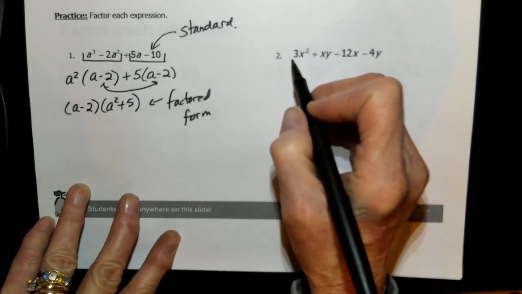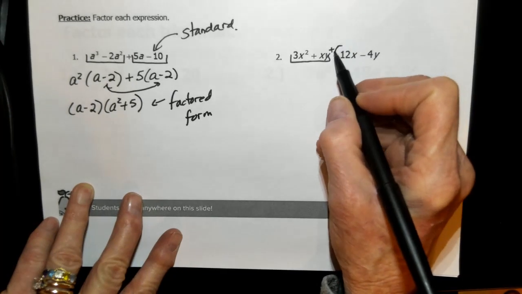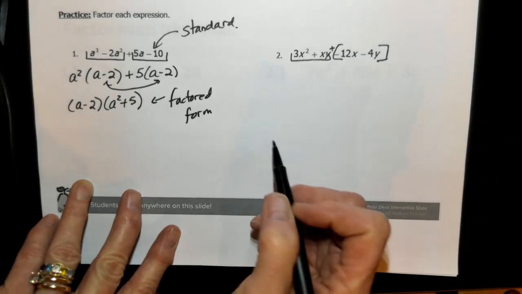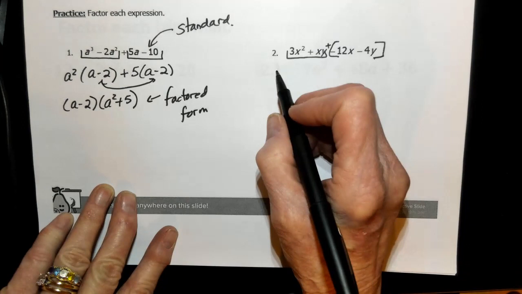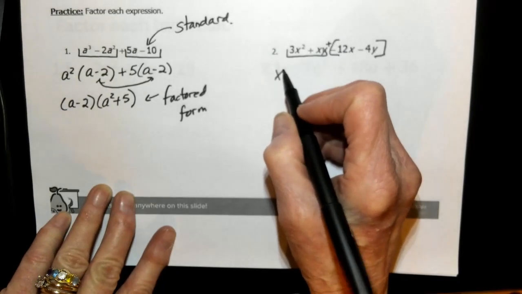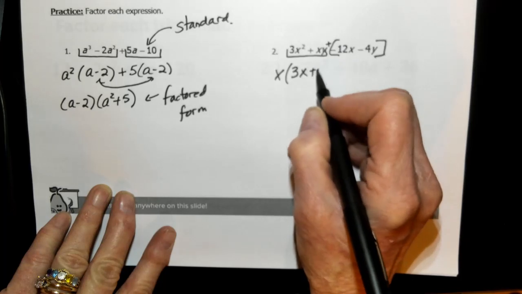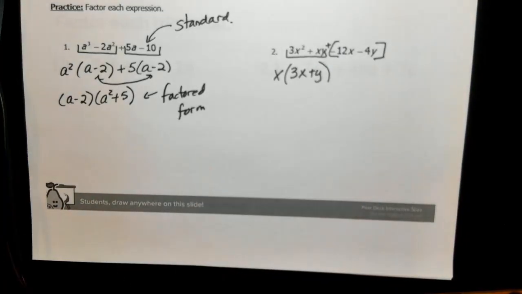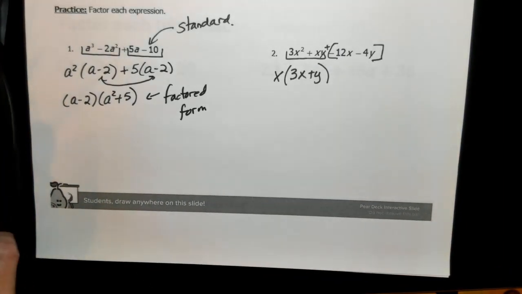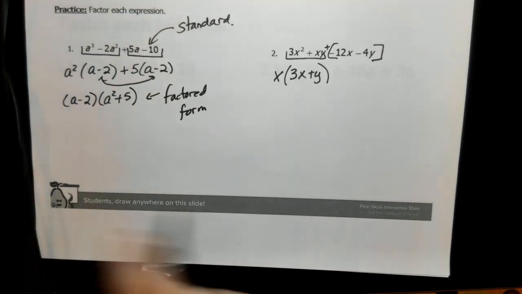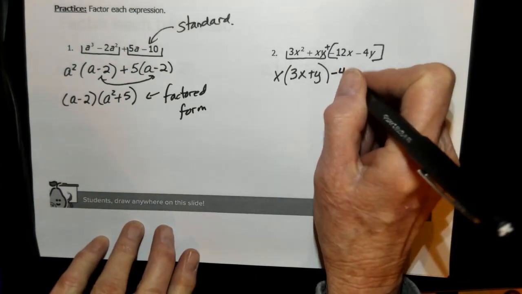Okay, next one, there's 4 terms. Let's put the first two together, I add my plus. We find the greatest common factor of the first group, and then it's 3x plus y. Be careful with negatives, because you're going to have to take out a negative 4.